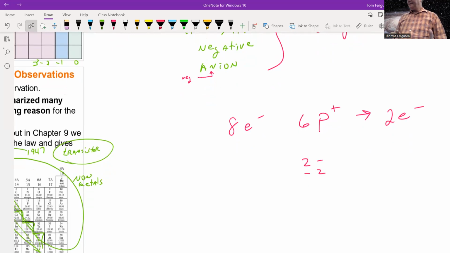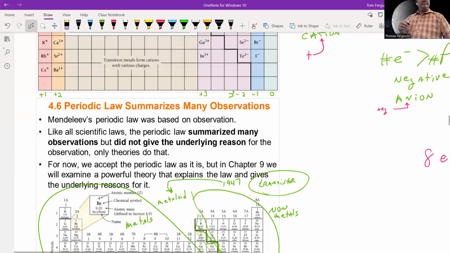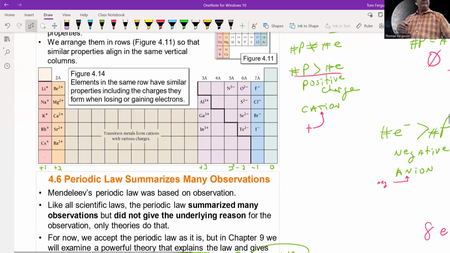All right, so the worksheet I gave you, one of them is what we started doing last week. The other one is with ions. So in your notes on the periodic table, some of the elements like to form cations, some like to form anions.